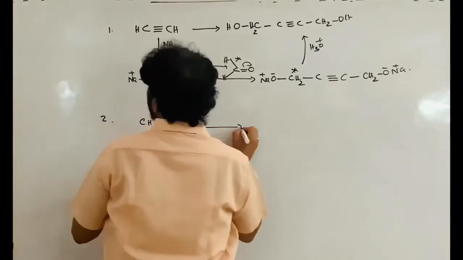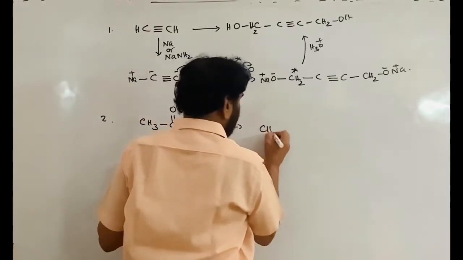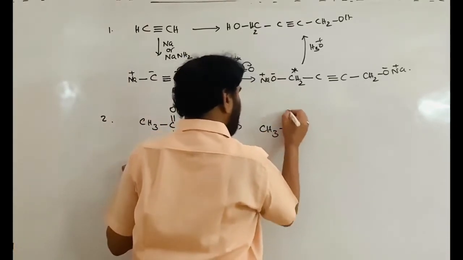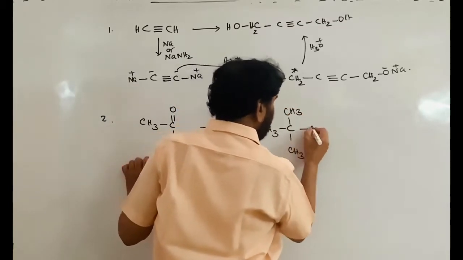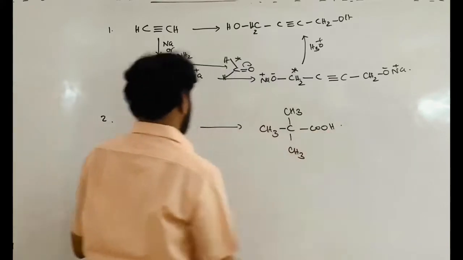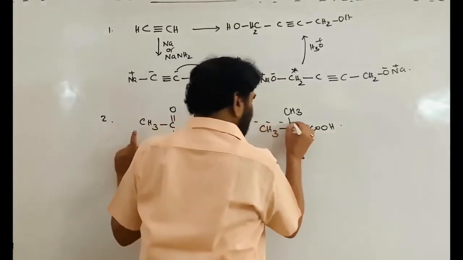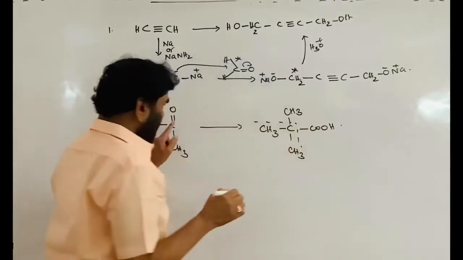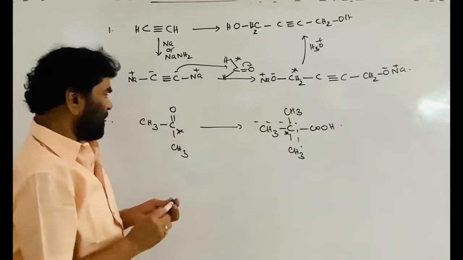Your product is 2,2-dimethyl propanoic acid. So this moiety is the same. This is the carbonyl carbon. This is a star carbon, which is the carbon atom of the acetone.